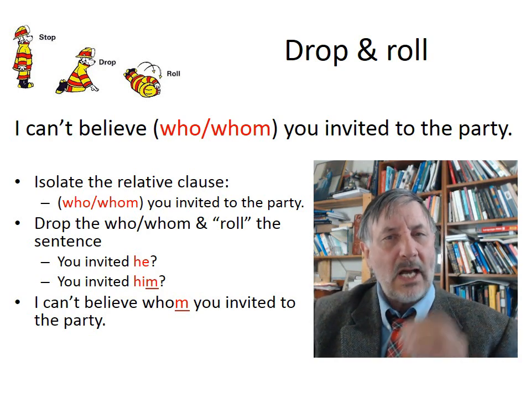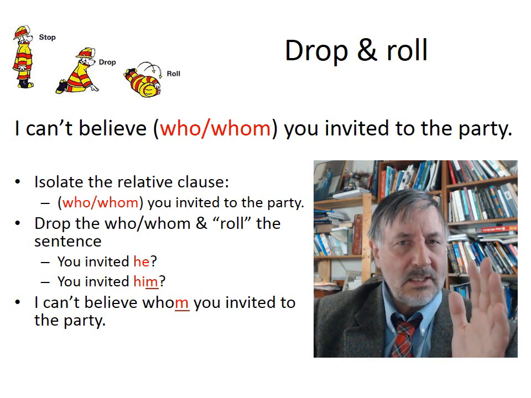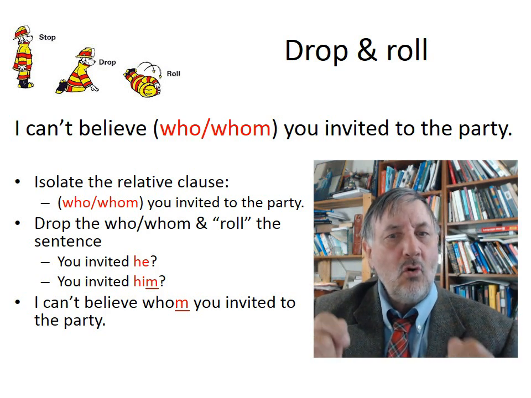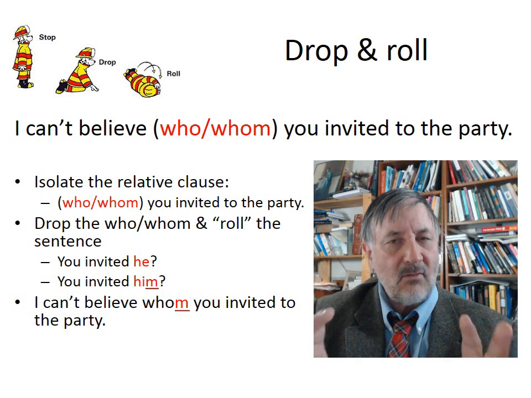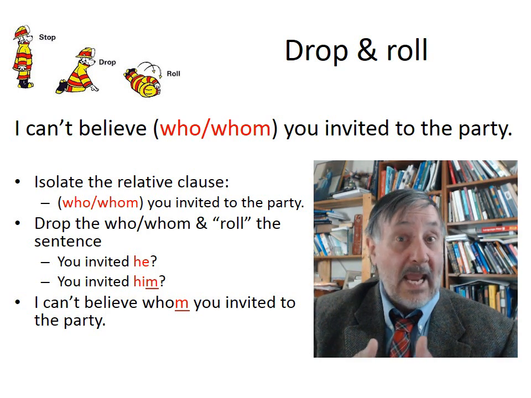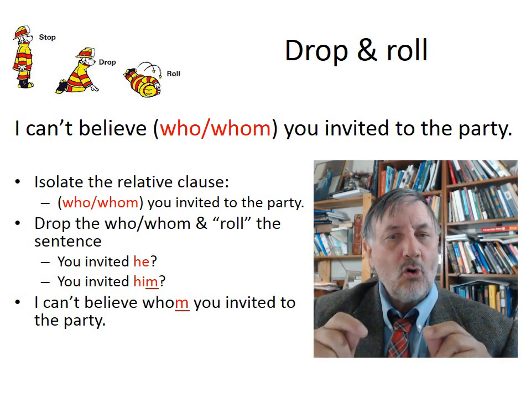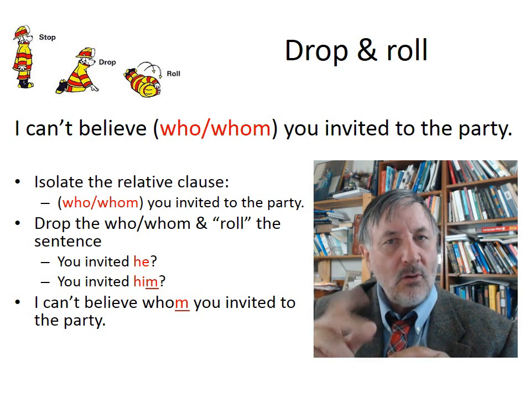Well, first you want to isolate the relative clause. The relative clause is the clause that begins with who or whom: "who or whom you invited to the party." Got that? That's the relative clause. It's relative to the antecedent.